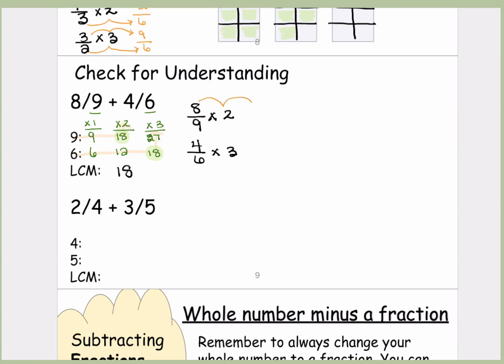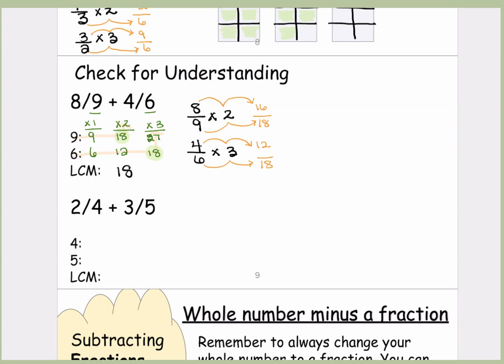So now we show our multiplication with arrows. 8 times 2 is 16. 9 times 2 is 18. 4 times 3 is 12. 6 times 3 is 18.